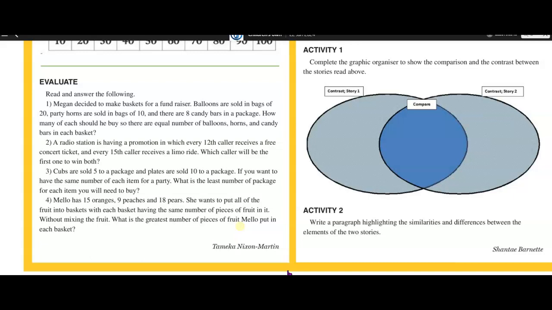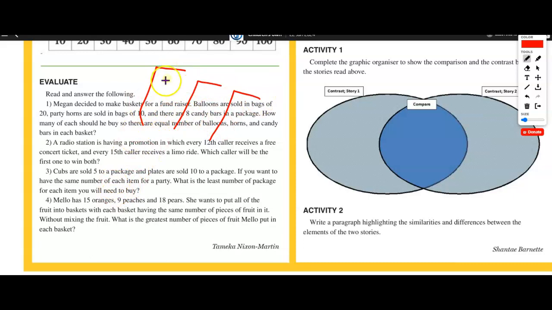What is the greatest number of fruits Mello can put into each basket? All right, I'm gonna try this. I think that for this one, we could factorize each of these. So we have 15, we have 9, and we have 18.